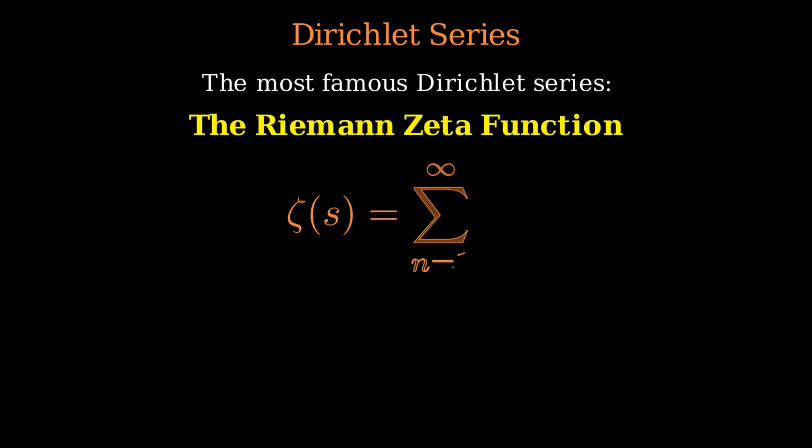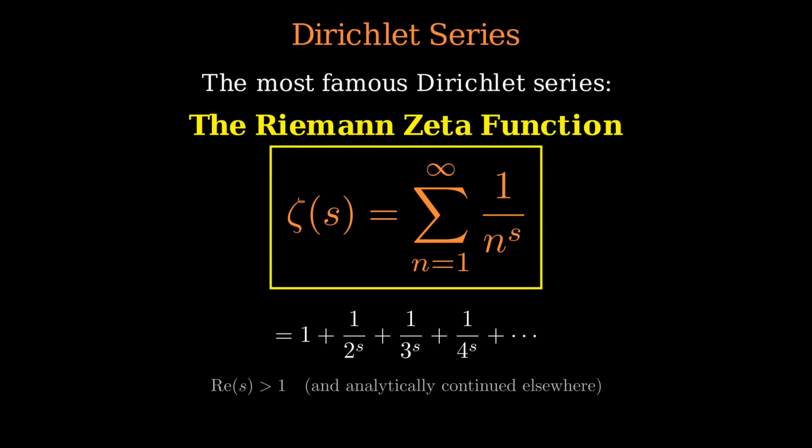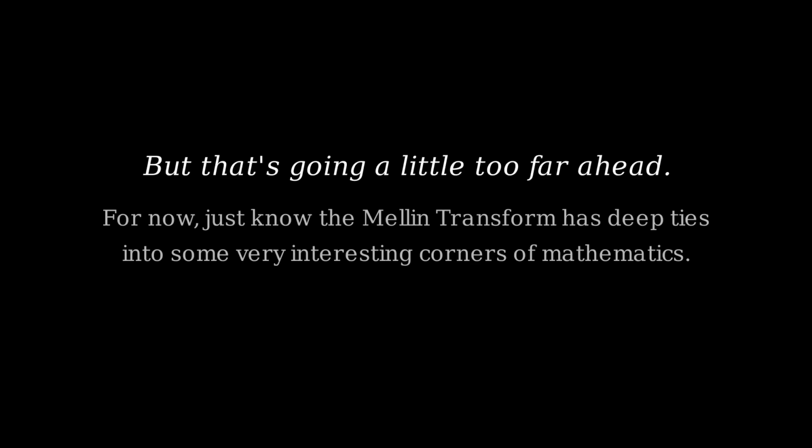The most famous example of a Dirichlet series is actually the Riemann zeta function, defined by the following. But that's going a little too far ahead. For now, just know this transform has some very interesting ties into other aspects of mathematics, but we can talk about those some other time.